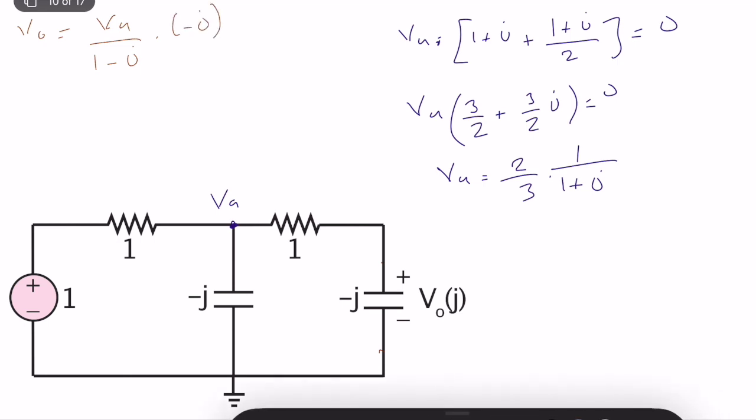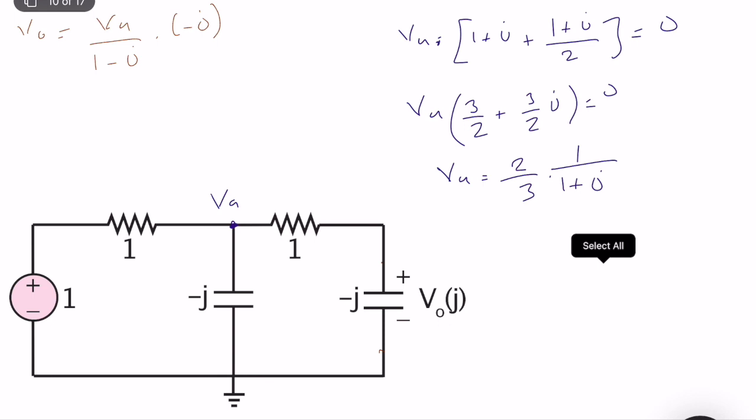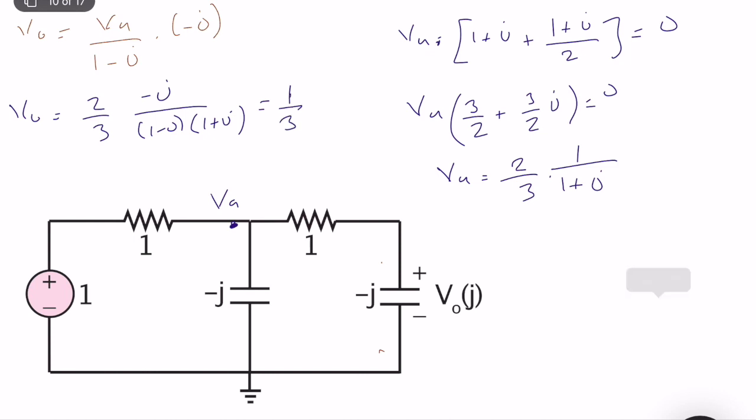This is the total impedance, and this is the impedance across V naught. So V naught is equal to 2 over 3 times minus j over (1 minus j) times (1 plus j)... As you can see, these are complex conjugates of each other. So V naught is equal to 1 over 3 times minus j.